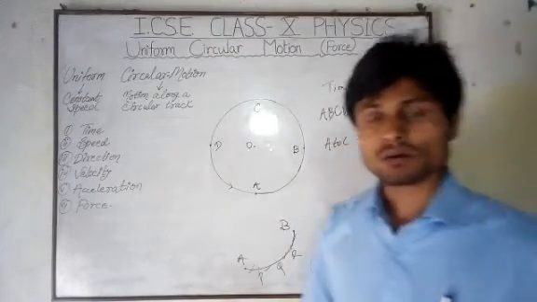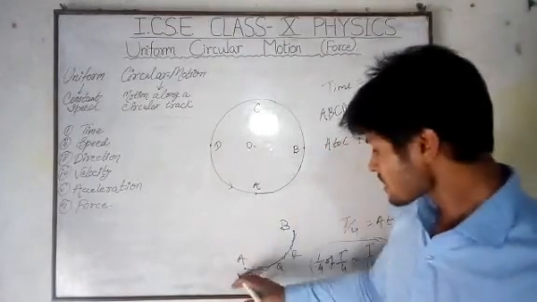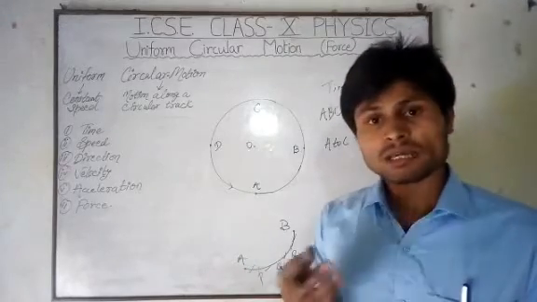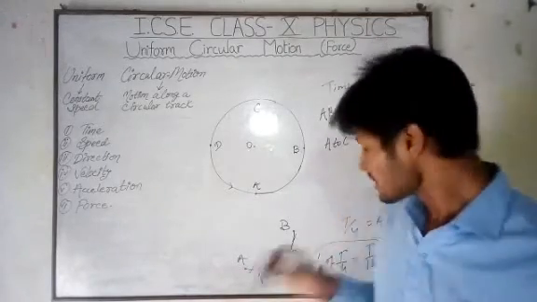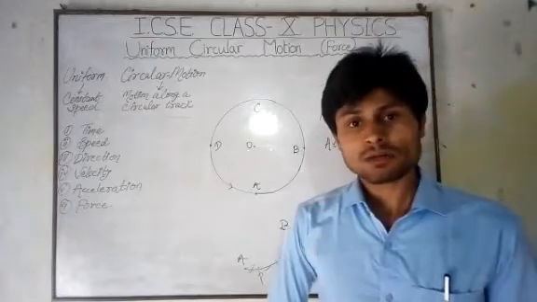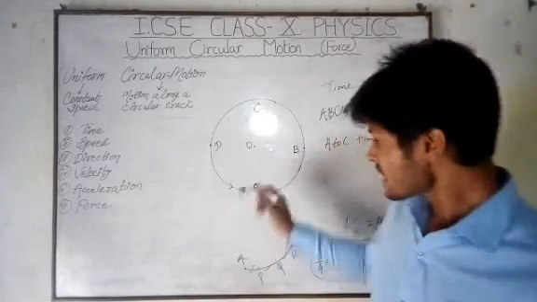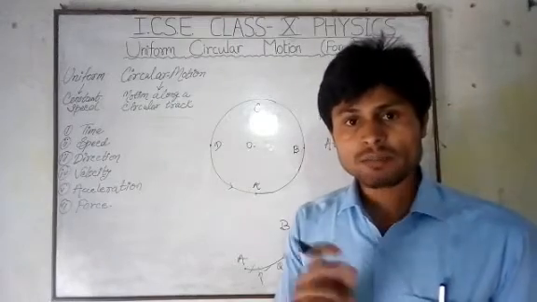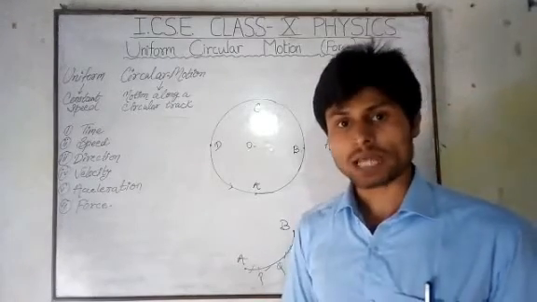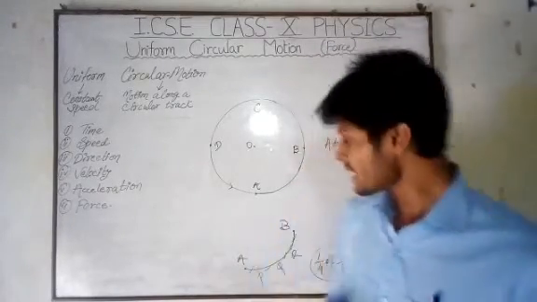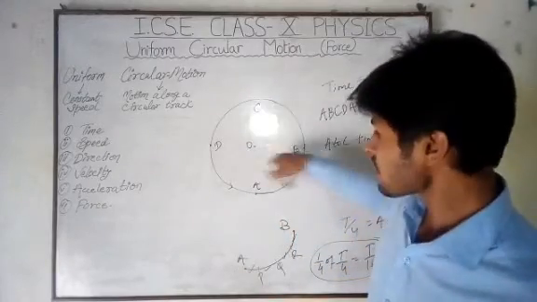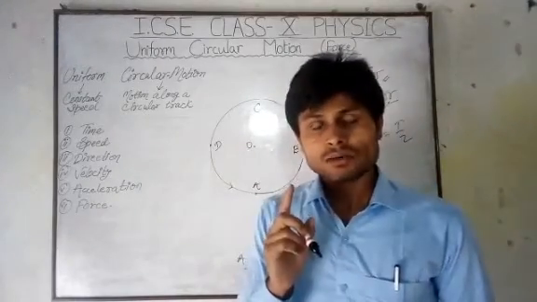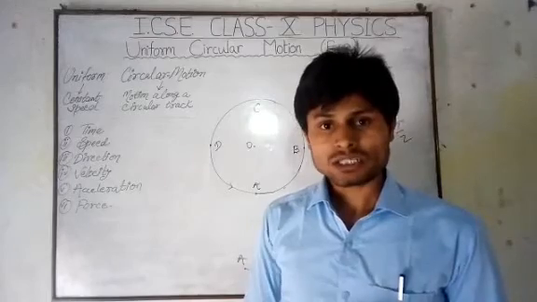So what did we find? For every smaller section of the circular track, if those sections are equal, the particle takes equal intervals of time. In other words, at every point of the circular track, the particle is at constant speed.